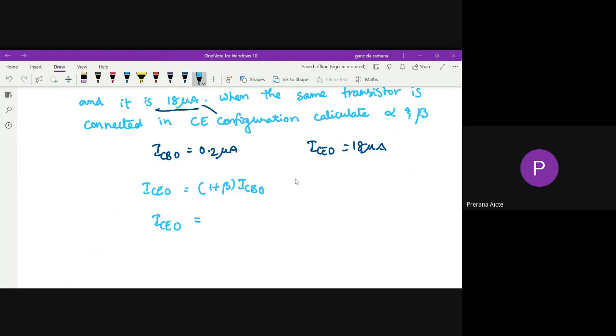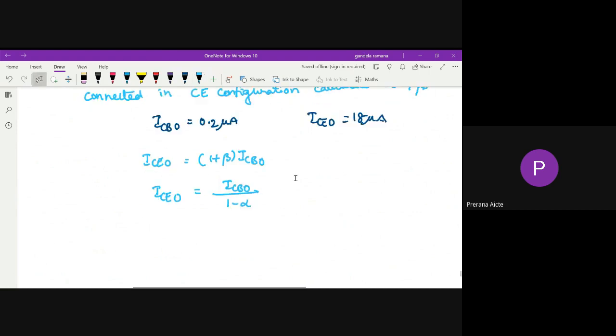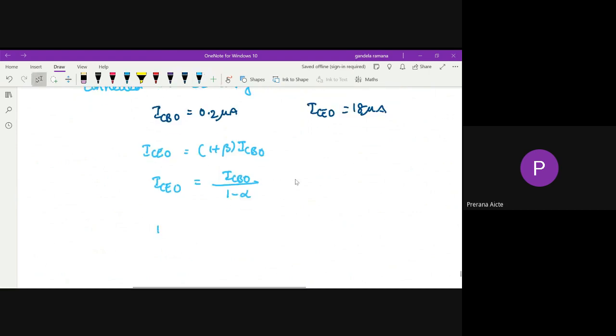With respect to alpha, 1 plus beta is gamma, and gamma is equal to 1 by 1 minus alpha. So 1 minus alpha is equal to ICB naught upon ICE naught.